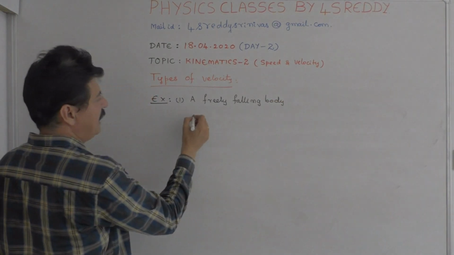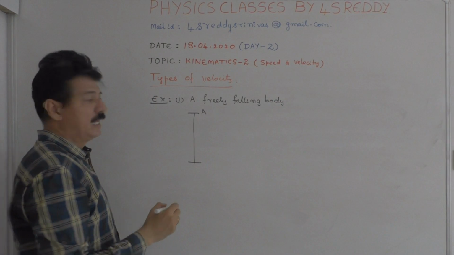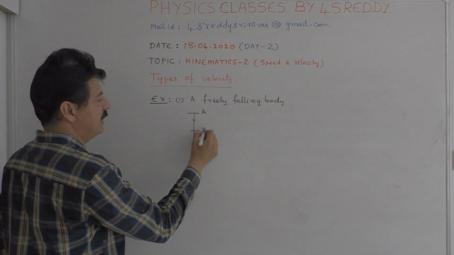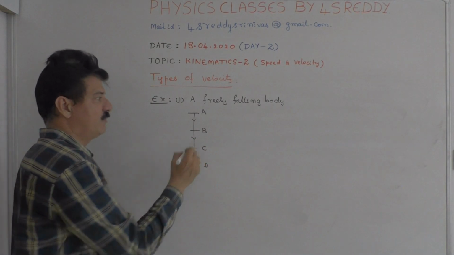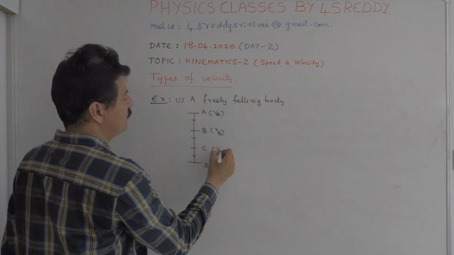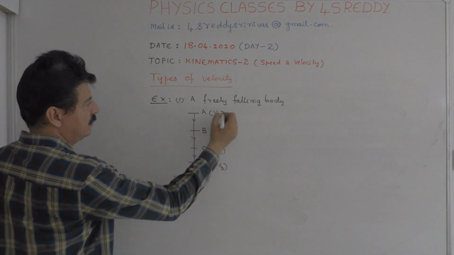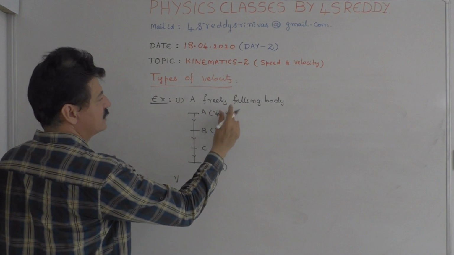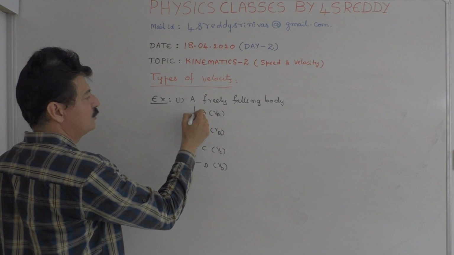Suppose it starts at point A, and at different points in its path the velocities are VA, VB, VC, VD.